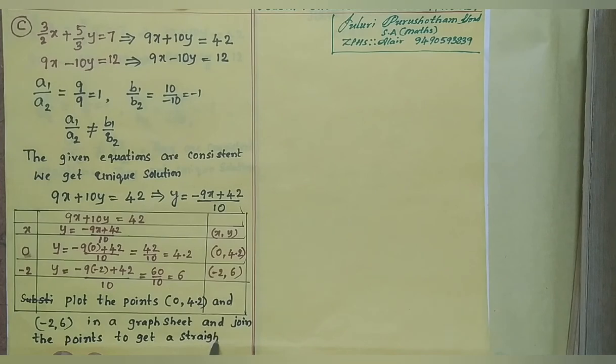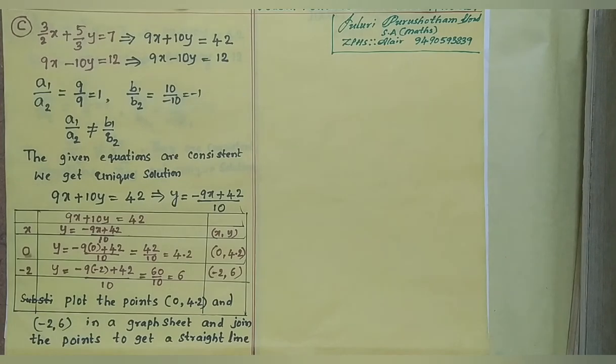Because it is a linear equation, we always get a straight line only. Have you understood now? The first equation is finished.